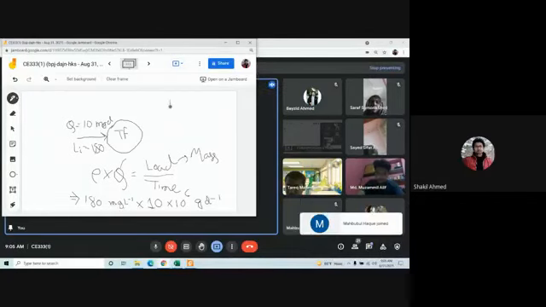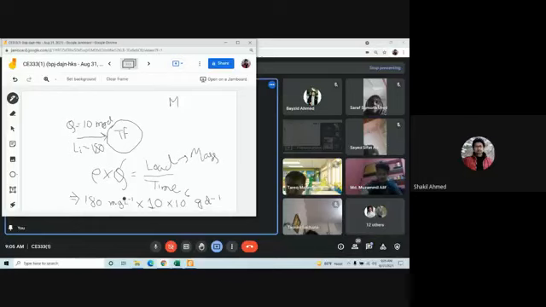Milligram is mass, M. Liter is volume, so L cubed.